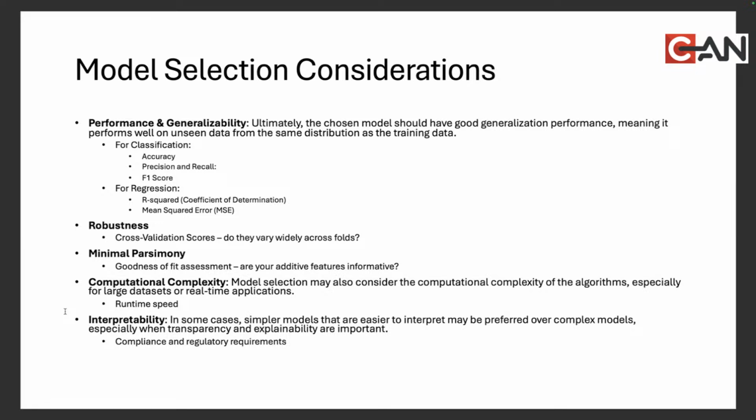For a lot of industries, highly regulated industries like finance and banking, interpretability can be very important. There are certain laws and regulations emerging today that will not allow you to leverage algorithms that you cannot explain when you're making automated decisions.